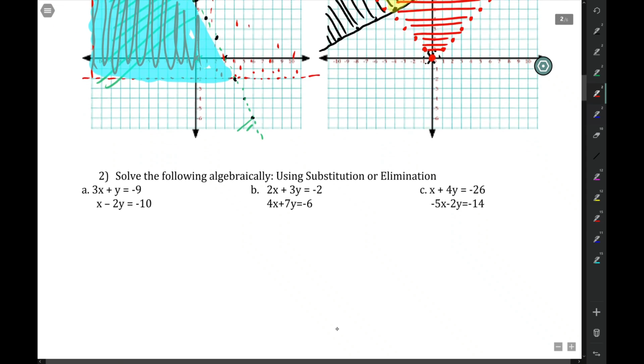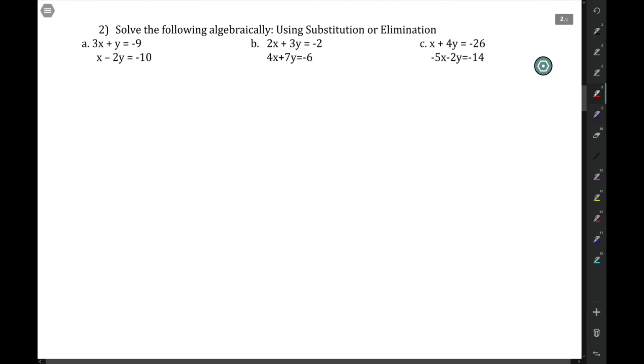Okay, now again on the test, I am going to ask that you do these types certainly algebraically, so that's either substitution or elimination, not matrices for 2x2s. So it's not very difficult. Now this one here, I myself am going to multiply the bottom by 2.